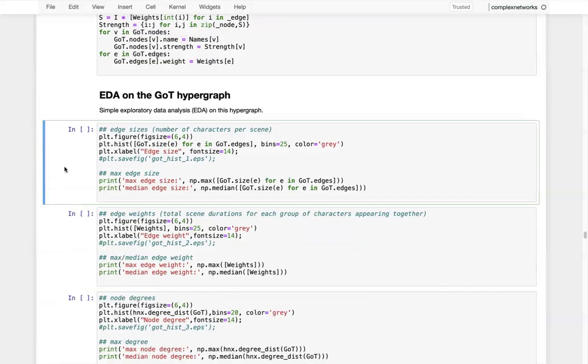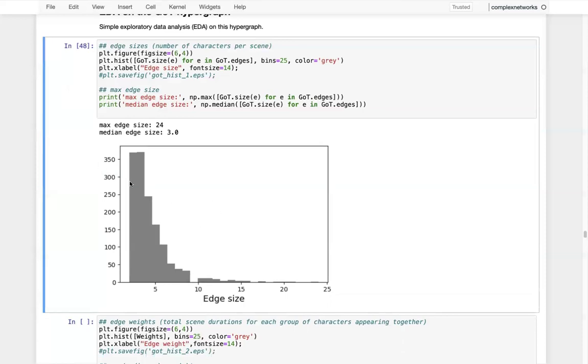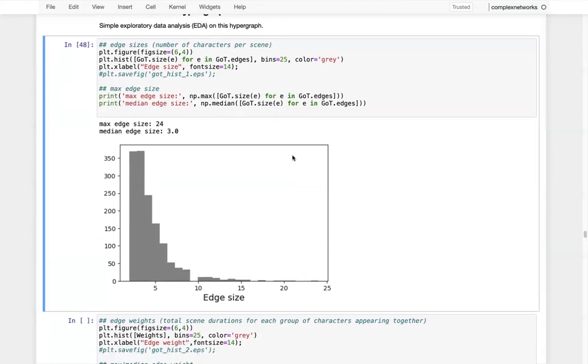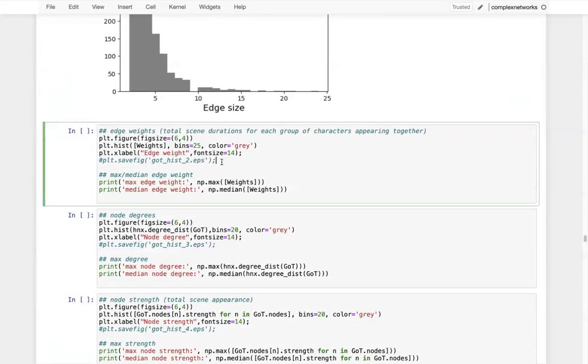We do a little bit of EDA, exploratory data analysis. For example, what is the distribution of edge size? You have mostly small edges, so scenes involving just a few characters, but it can go up to 24. Those are the named characters, not all the characters, since some are not named specifically in the series.